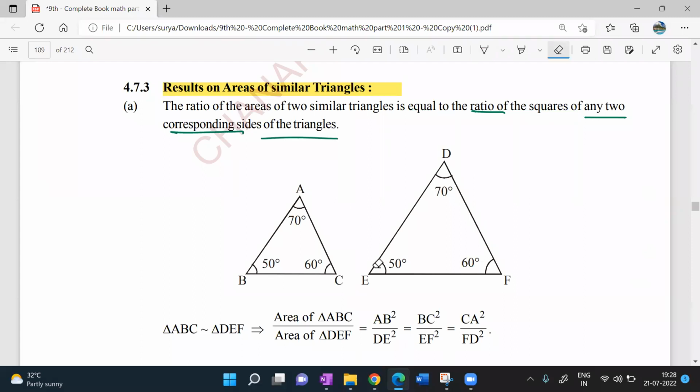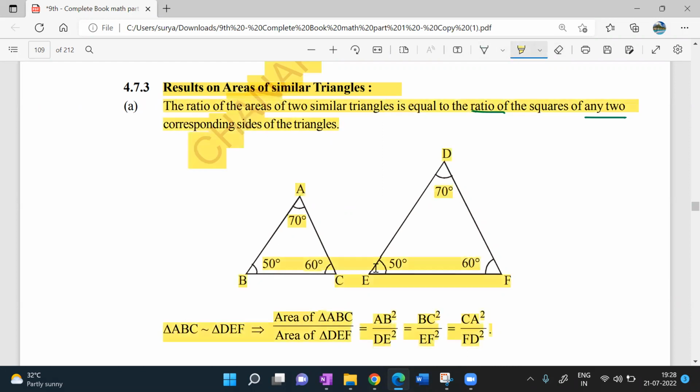Very, very important. What is the meaning of this? Let's try to understand this.